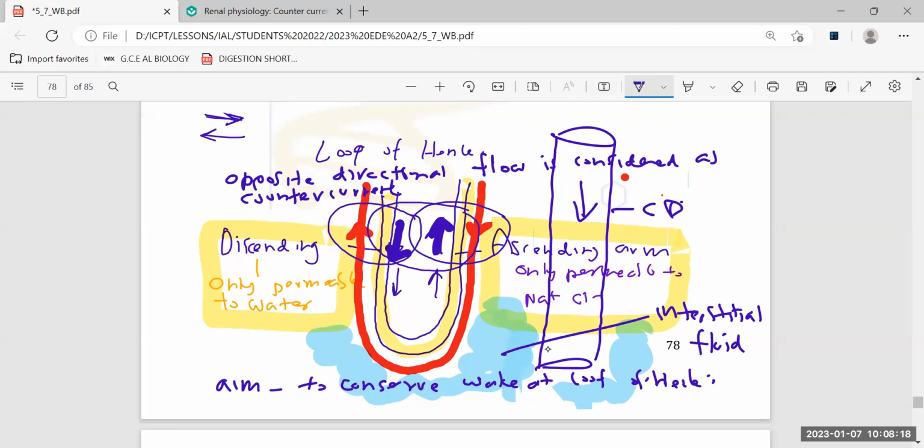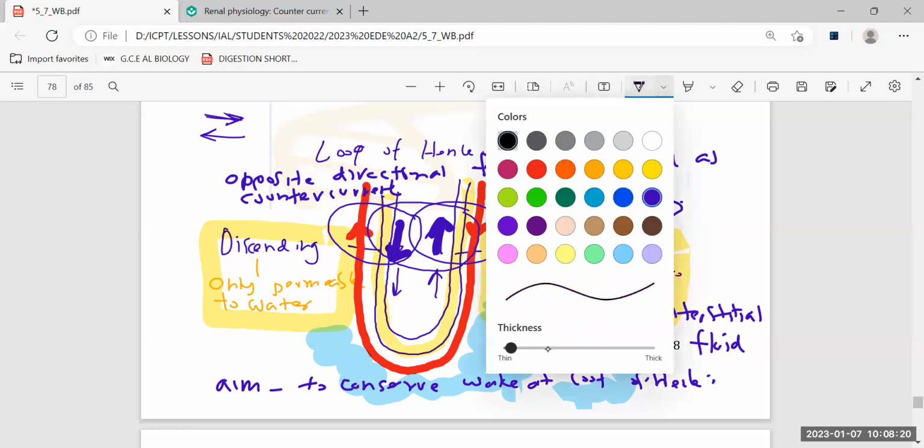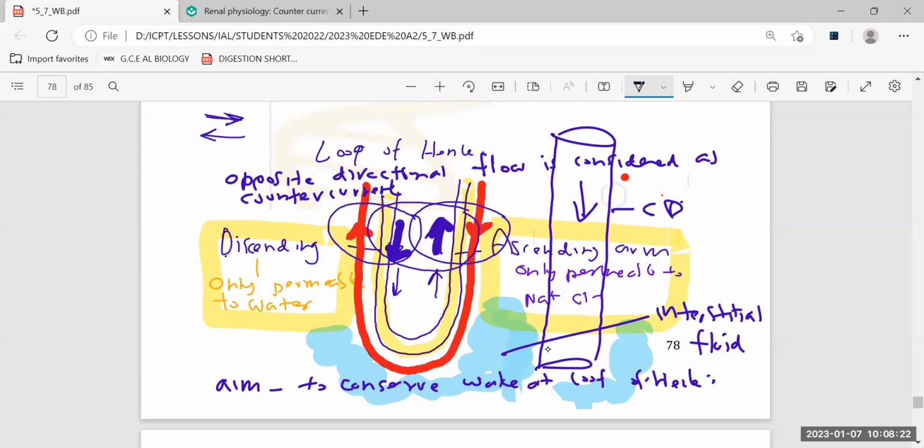And we learned the important thing: the descending limb is only permeable to water, then the water is going out. The water is going out from the filtrate.